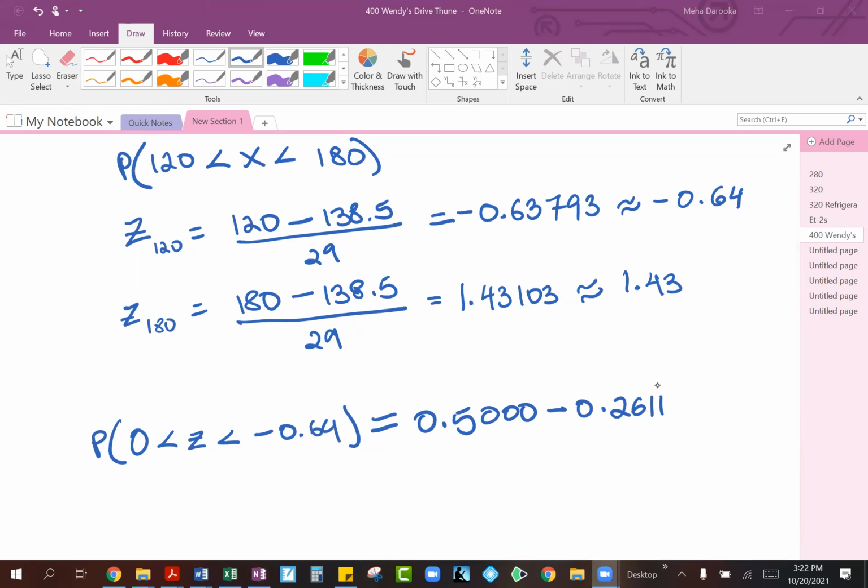And what will this come out to be? So what do you think this area is going to be?